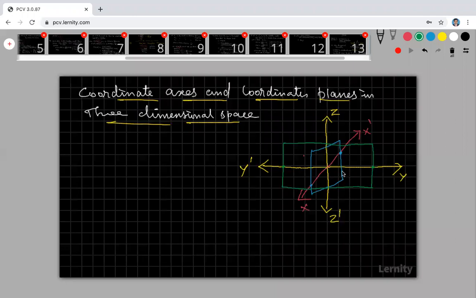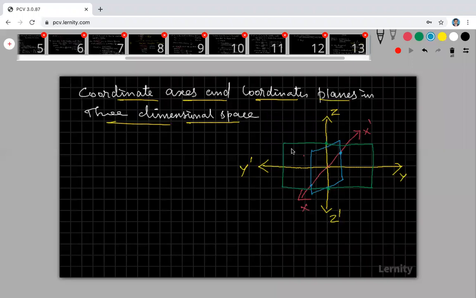Dear students, please note down, I'm going to take a plane on z-axis also. How to take it as a plane on z-axis? This is my plane on z-axis. I'm going to take it as another plane on my y-axis.